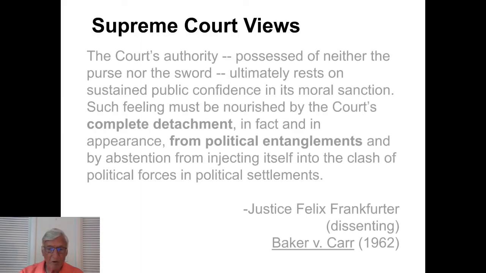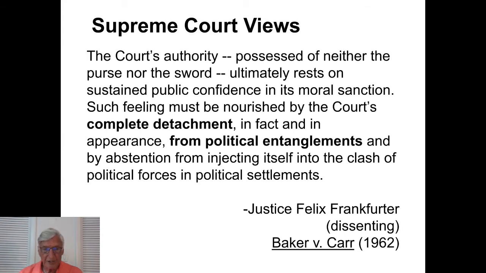Supreme Court views. Justice Felix Frankfurter in 1962: this court's authority, possessed of neither the purse nor the sword, ultimately rests on the sustained public confidence in its moral sanction. Such feeling must be nourished by the court's complete detachment, in fact, and in appearance, from political entanglements, and by abstention from injecting itself into the clash of political forces in political sentiments.